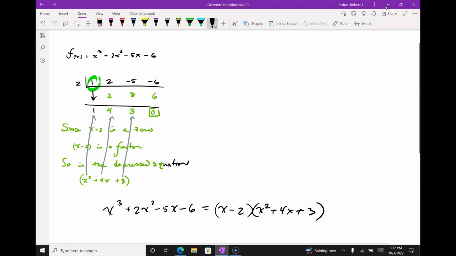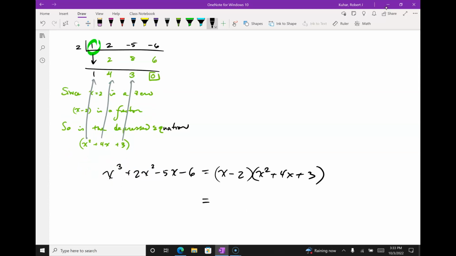What factors multiply to 3 and add to 4? x plus 1 and x plus 3. So at this point, we could go back to synthetic, but we don't have to. We know how to factor quadratics. Done.